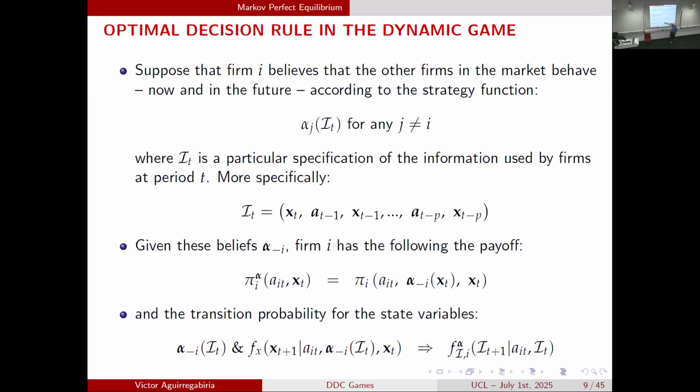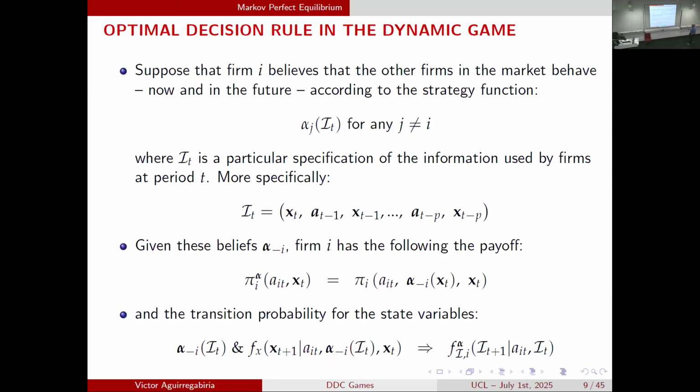This would be calligraphic I_t, and here also calligraphic I_t, okay? And we have this indirect profit function that depends on the action of the player, but also on this calligraphic I_t, because the player takes into account that the other players will behave according to this strategy function.